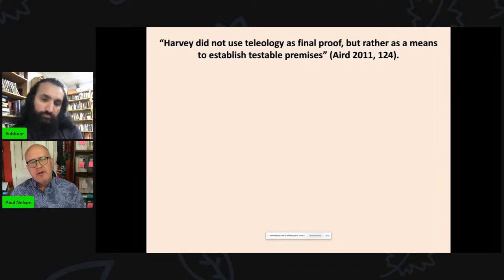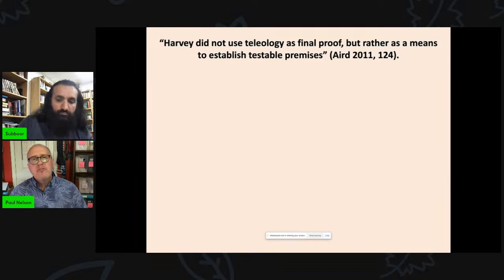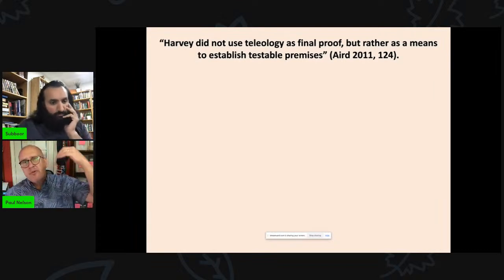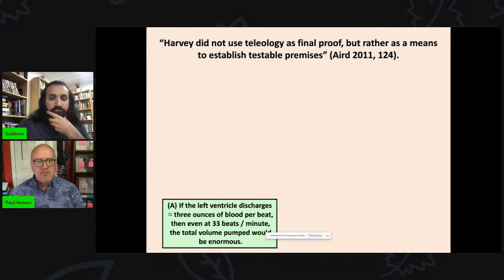So a commentator writing on this said, what did Harvey do? What was the structure of his reasoning? Well, he used teleology. He started with the system as a whole, which is characteristic of teleological reasoning, and he reverse engineered the system, not as a final proof, but rather as a heuristic, a means to establish testable premises. So he triangulated beautifully.